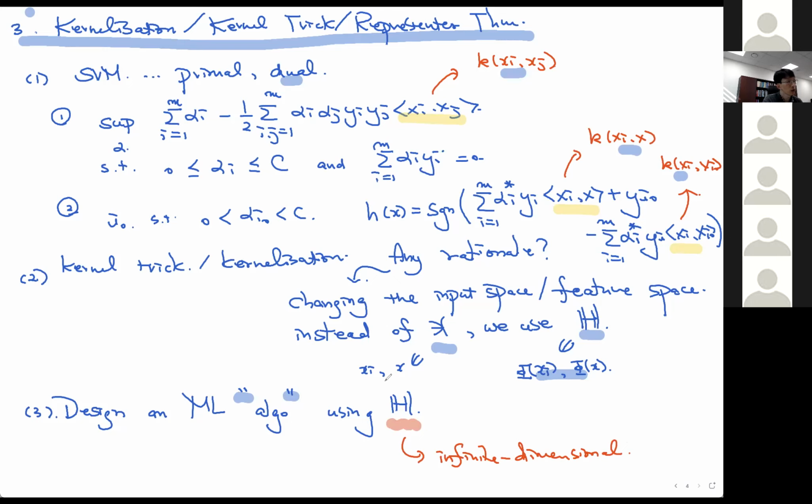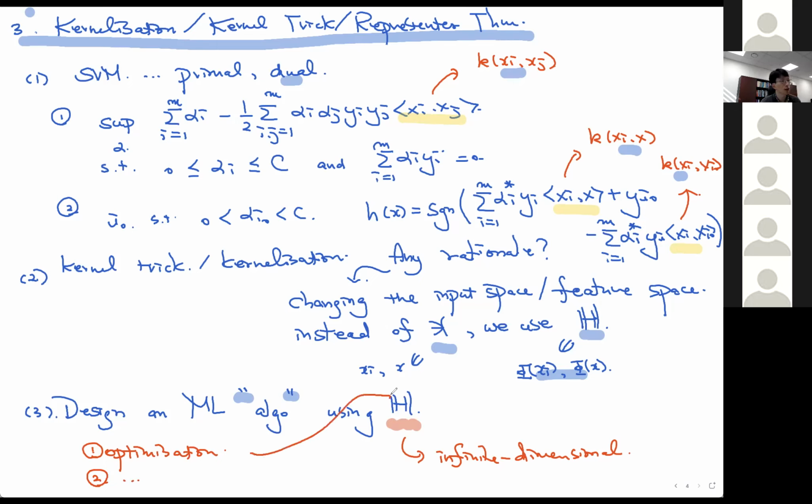And typically, machine learning algorithms are expressed in terms of optimization. Its training is expressed in terms of optimization, and then the outcome of the training will return something. But designing the machine learning algorithm over H means that we have formulated some optimization problem over H.